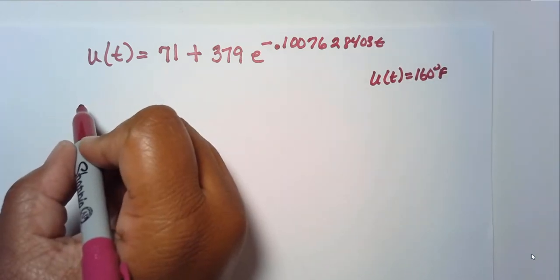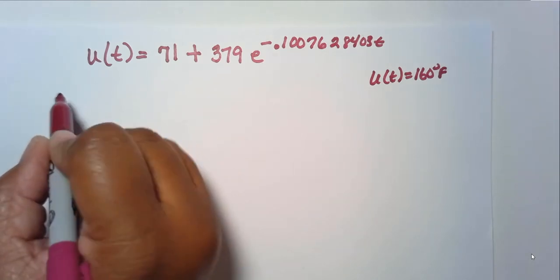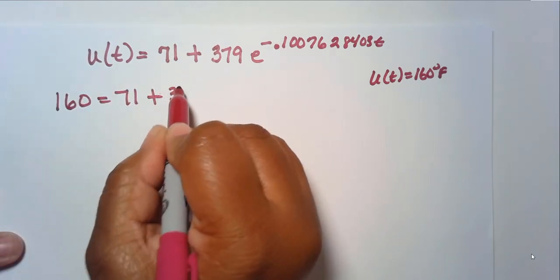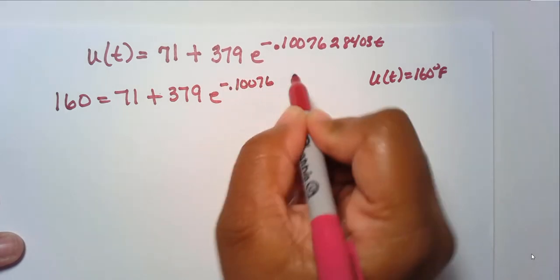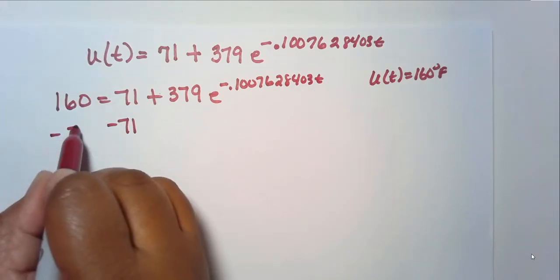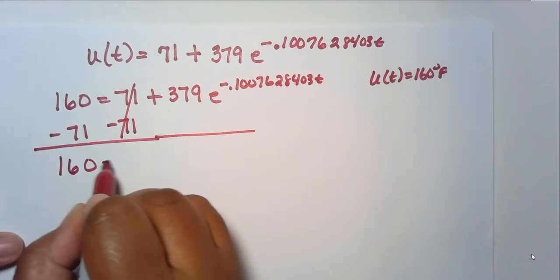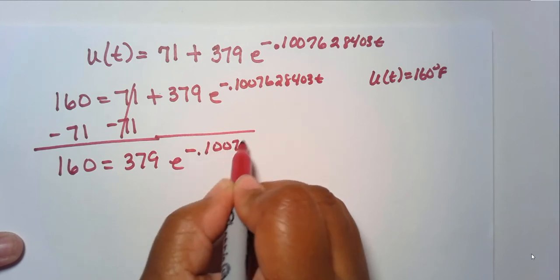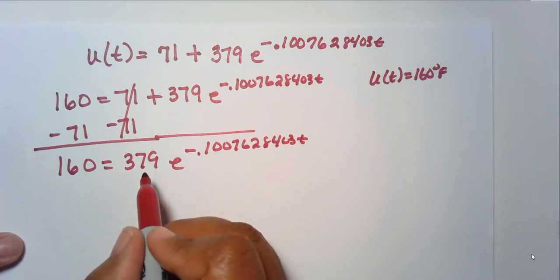So let's plug this value in for U of T. We have 160 equals 71 plus our right hand side. Subtract 71 from both sides. Okay, divide by 379.